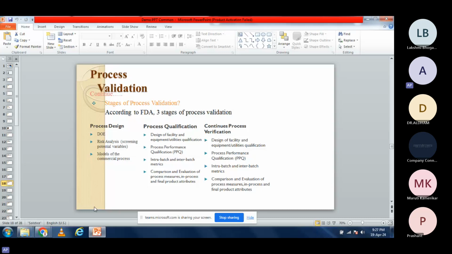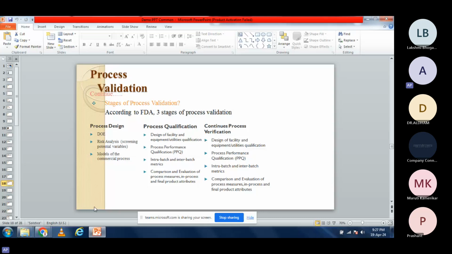Prior to manufacturing the PPQ batches, we ensure that whatever equipment, facility and area we are using for manufacturing the product are qualified and calibrated.